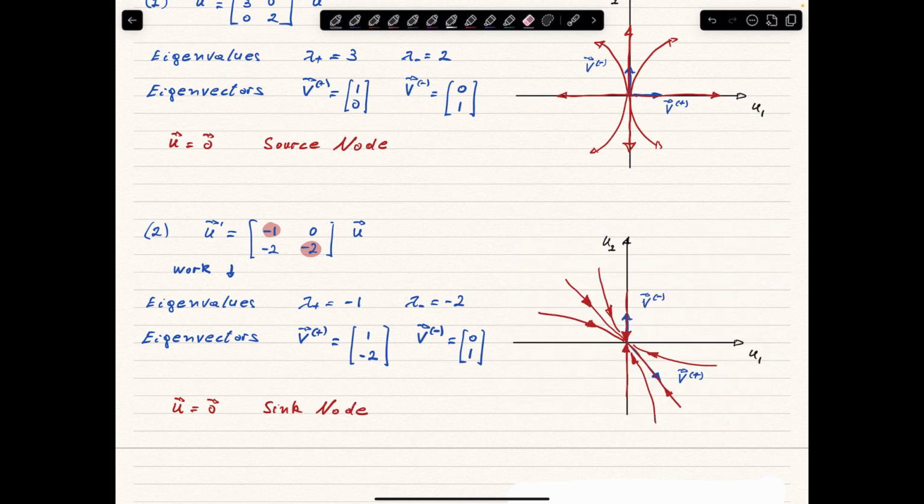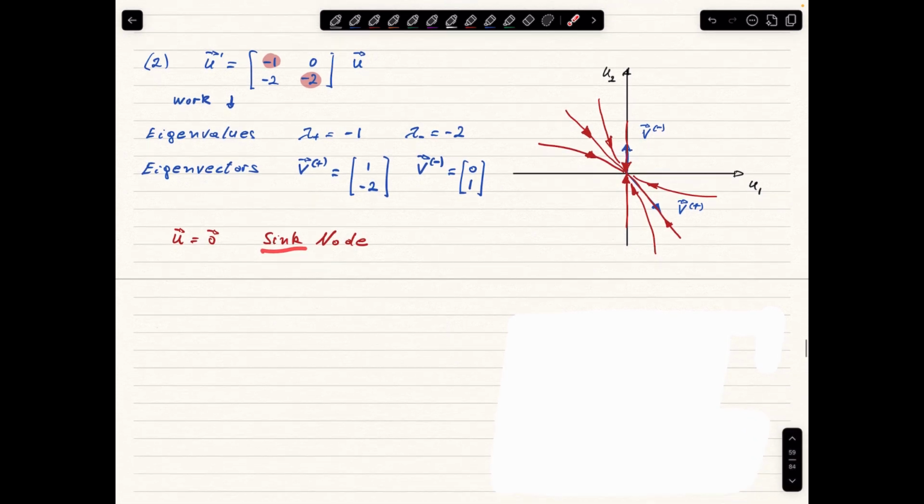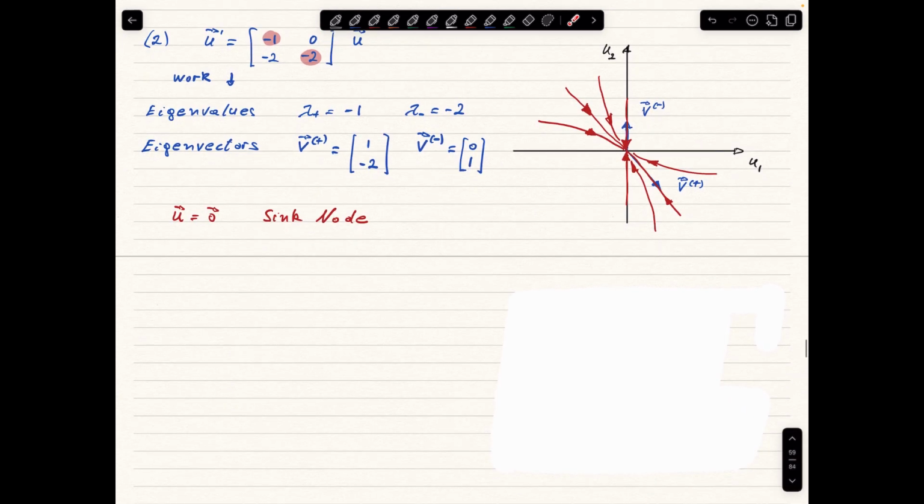And then this is how it looks. Notice that one eigenvector, v minus, is 0, 1, so it's this vertical vector, and this vector is 1 in the horizontal component, -2 in the vertical, so it has to be a vector like this. So it's kind of a weird looking sink. All right, that's that. 2 more to go.